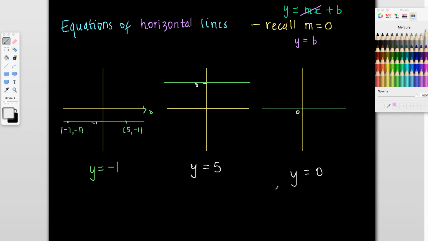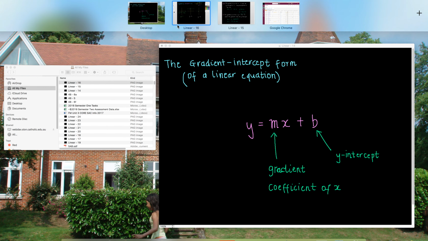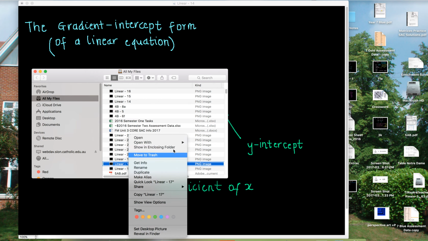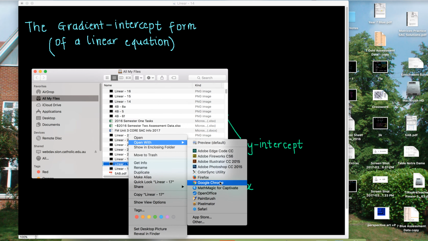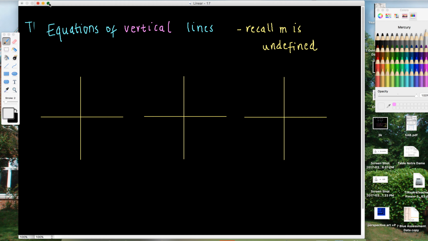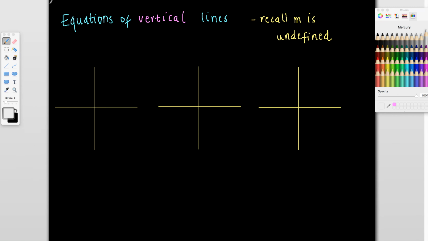Of course, because we've talked about horizontal lines, I also want to touch on vertical lines. So, equations of vertical lines. You remember that when we talked about the gradient, m, that'll be undefined for equations of vertical lines.